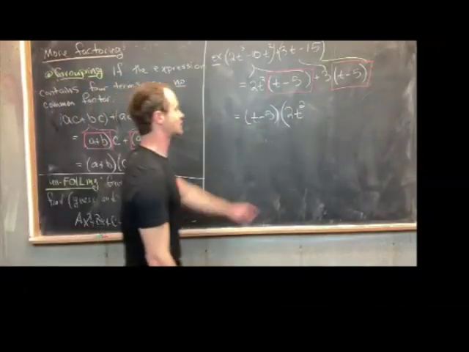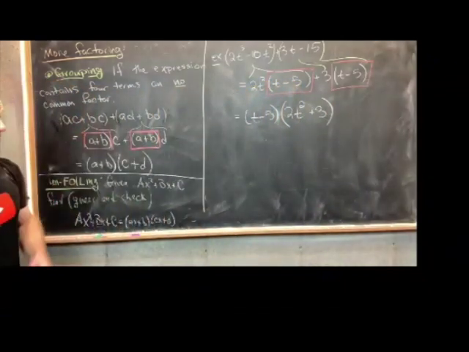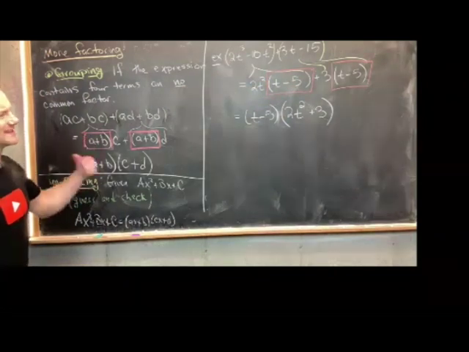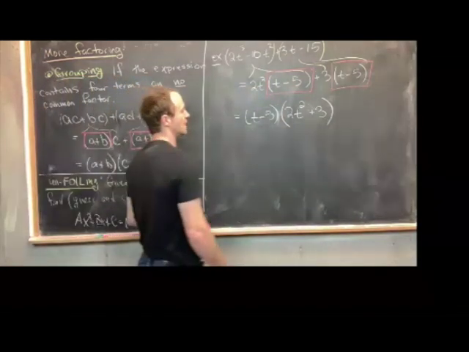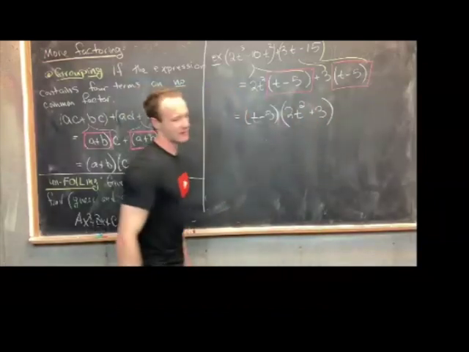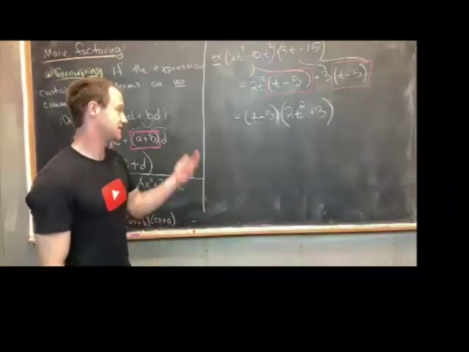And if we factor a t minus 5 out of the last term, all we're left with is a plus 3. So we end up with that factorization. And now we look at that and think, is there anything else I can do? In this case, there is nothing else we can do, because this doesn't have one of the standard forms that we talked about before. So we're all set.